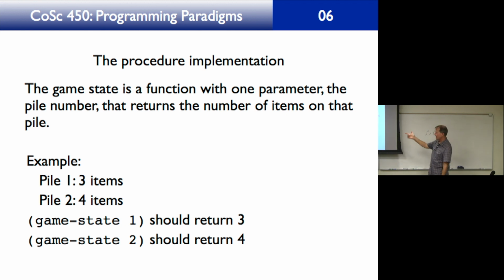Suppose that the game state is pile 1 has 3 items and pile 2 has 4 items. Do you see what I mean? Then the way we represent this is not with an integer, not with a 2-digit integer or an integer of the form 2 to the n times 3 to the m, but to have it be a function.